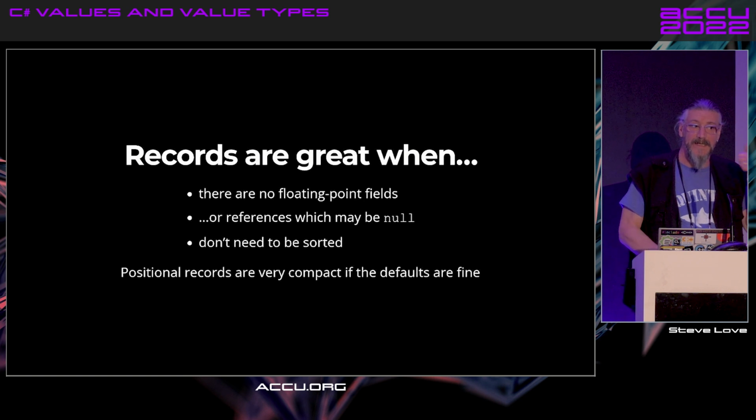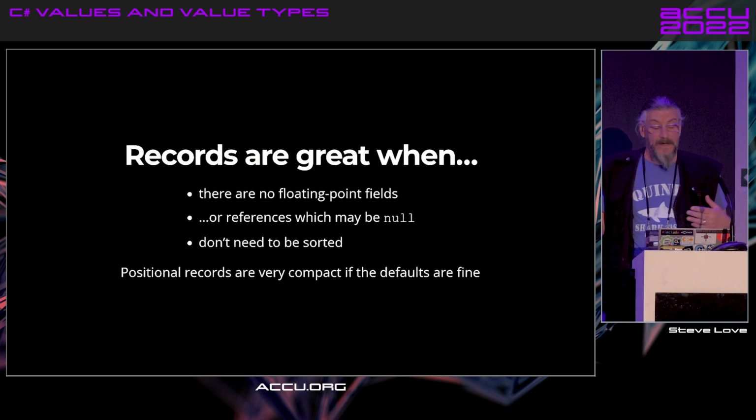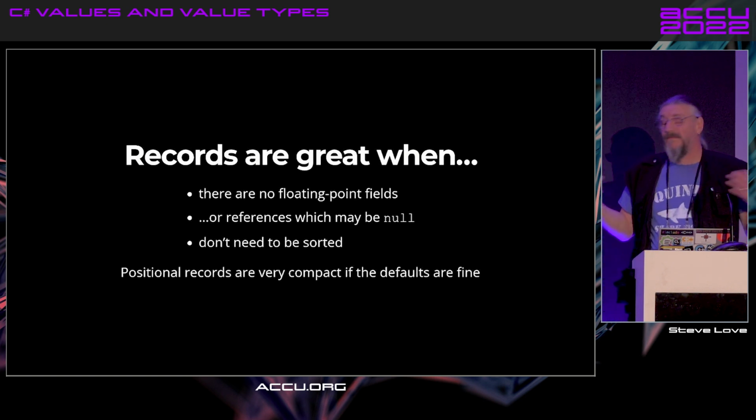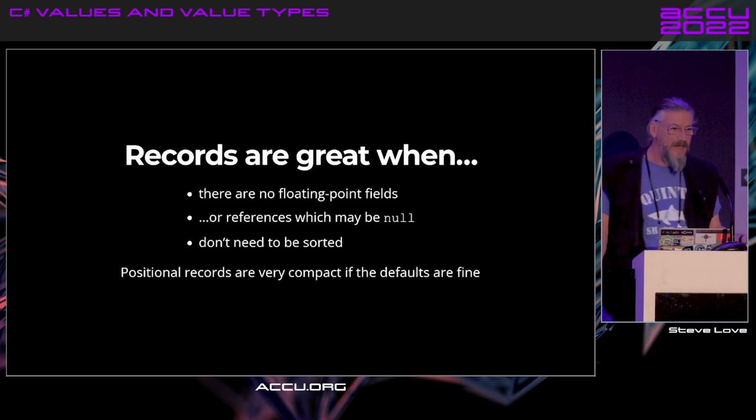So I think that there is still space in C# for just the humble struct. But especially when we have floating point or reference type fields, if we don't need to sort them, we don't care about default initialization. The names of the parameters, we can fiddle with those.